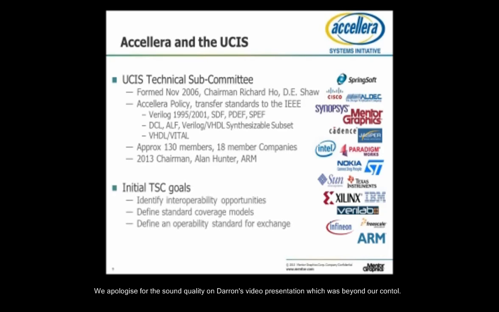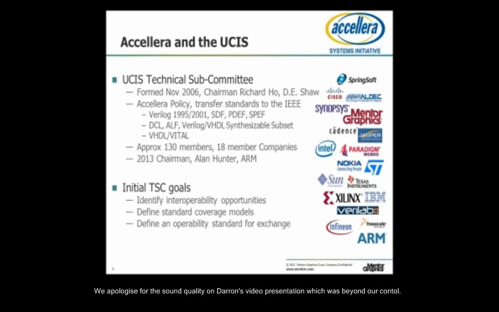So the initial goals were to identify interoperability opportunities, a big area being defining standard coverage models so that it made it a lot easier to exchange ideas between tools, so that you actually had coverage models that are defined.